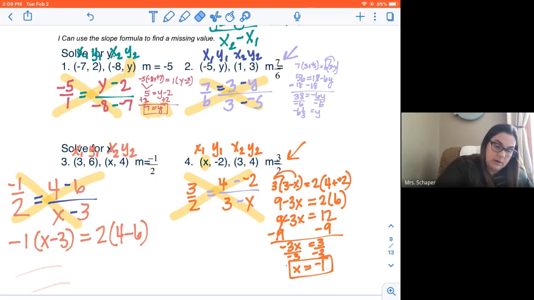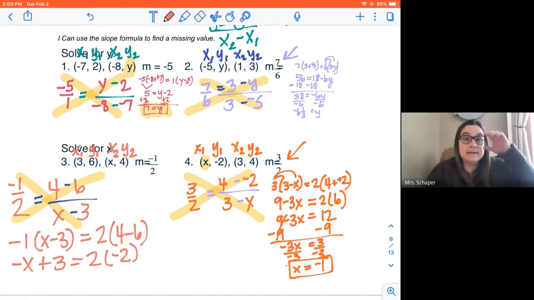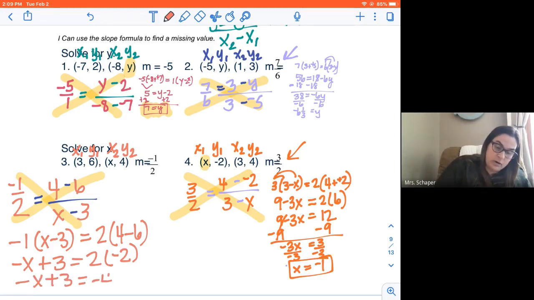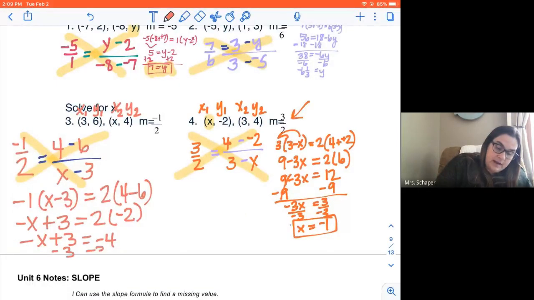So I've got -x plus 3 is equal to 2 times -2, because 4 minus 6 is -2. So -x plus 3 equals -4. I'll subtract 3 from both sides, so -x equals -7. That means x equals +7.